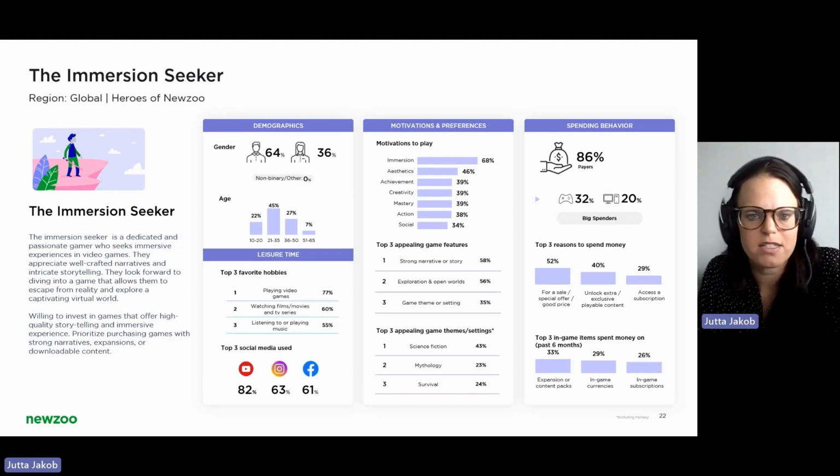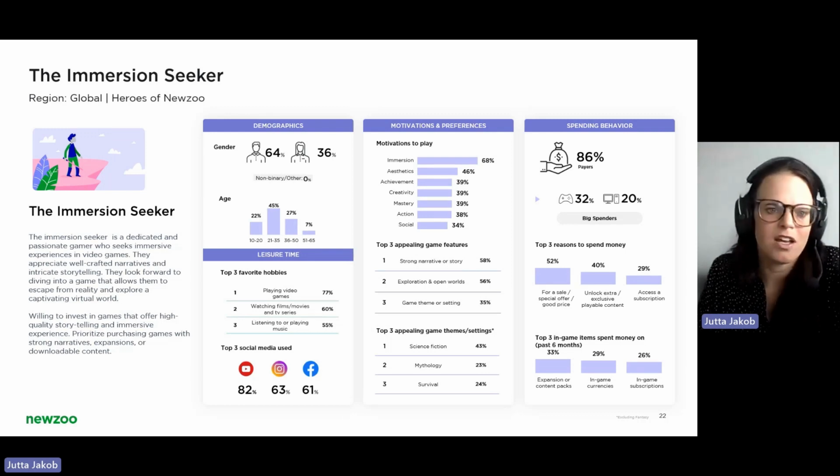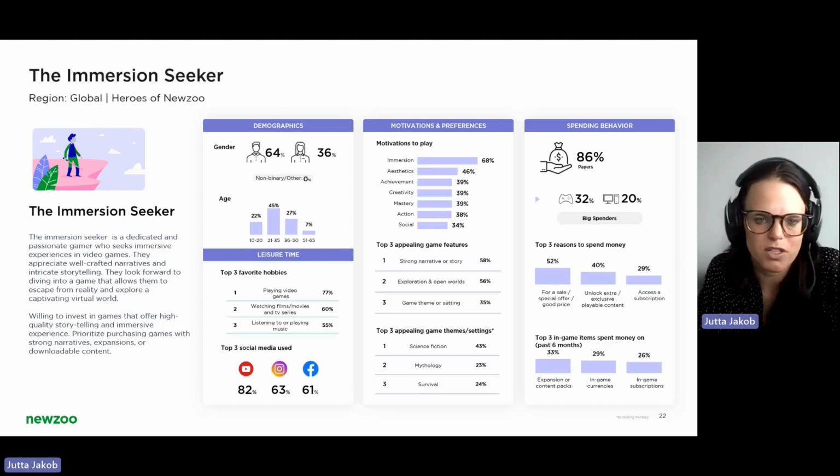It also provides insights into their general player preferences, including the genres they enjoy, as well as their spending habits in terms of who, why, and when they invest in video games. By outlining these specifics, we establish a very valuable framework that guides our activities and enables us to align our efforts effectively across the business.